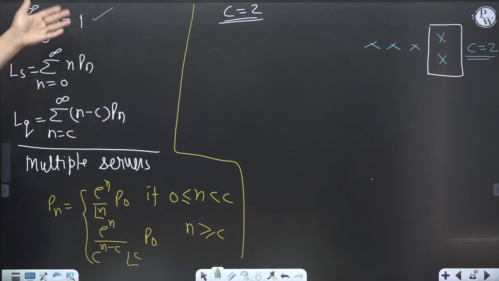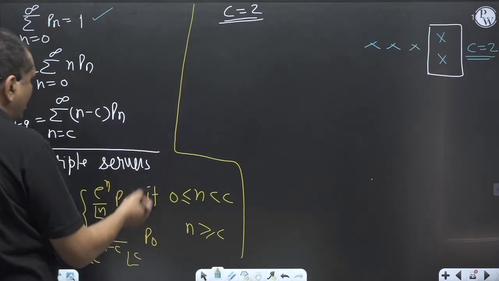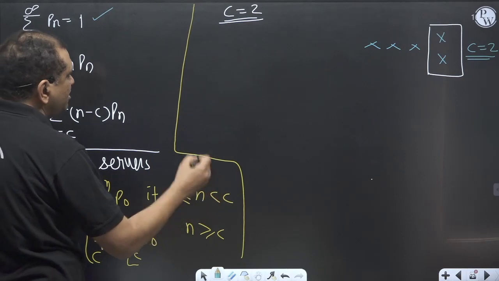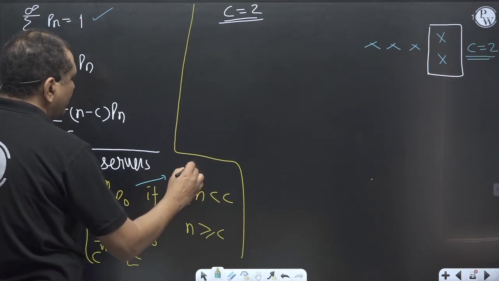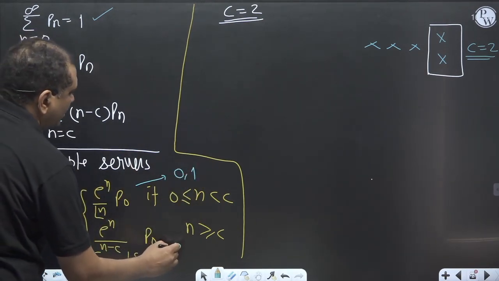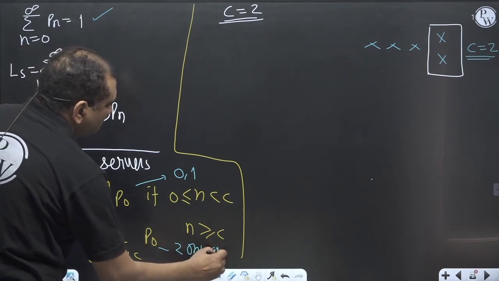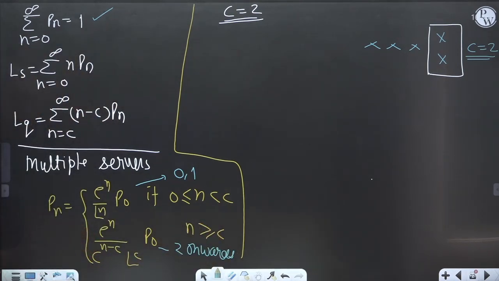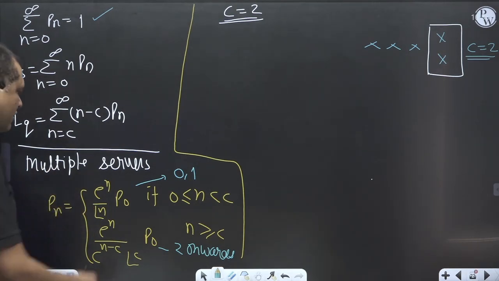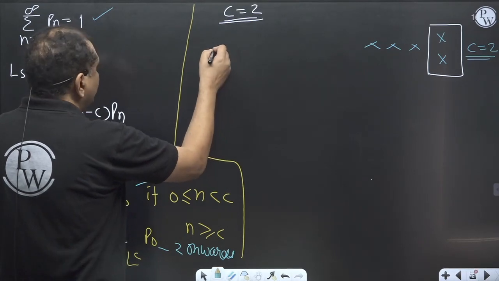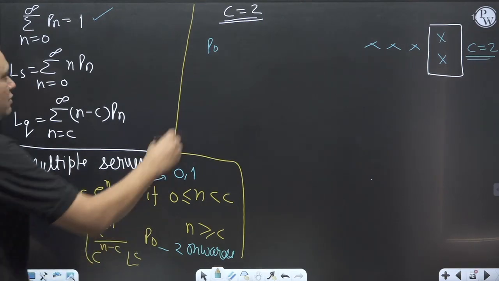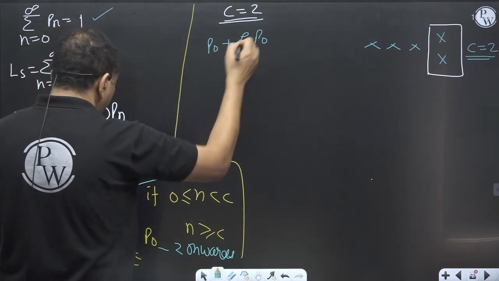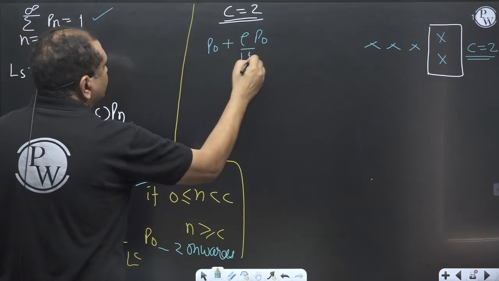Summation 0 to infinity Pn equals 1. So apply here. C equals 2 now. So this formula will be there for 0 and 1, and 2 onwards, this formula will be there. For n equals 0, it is rho raised to 0 is 1, factorial 0 is 1, so it's P0. For n equals 1, plus rho P0 divided by factorial 1.